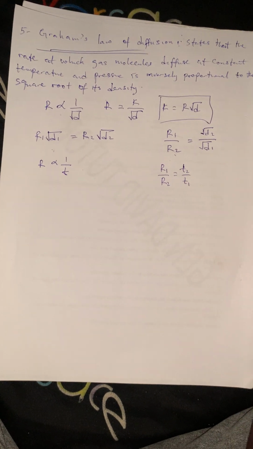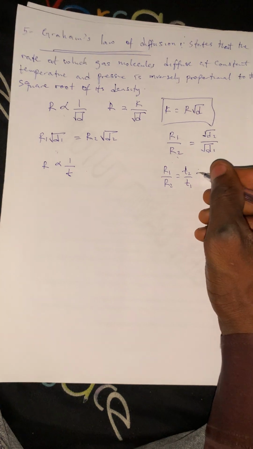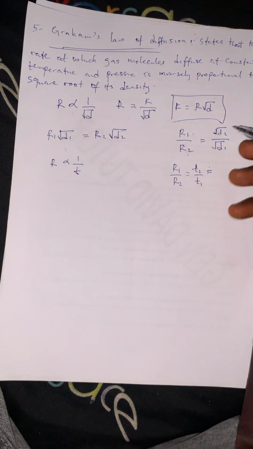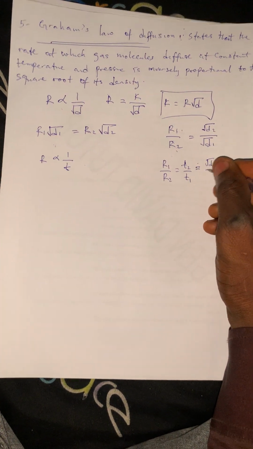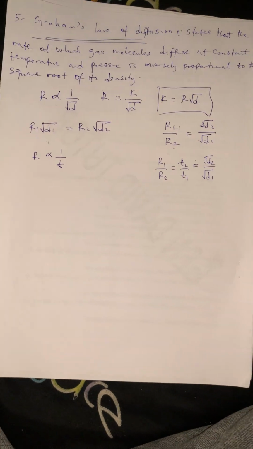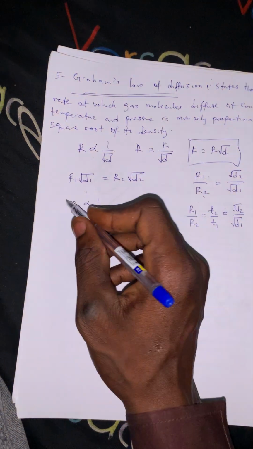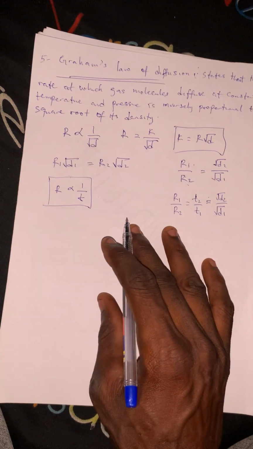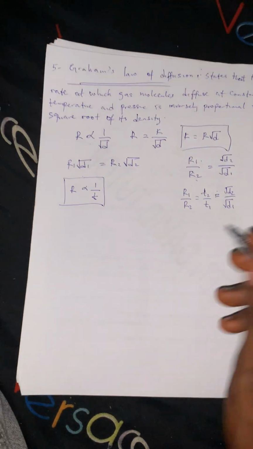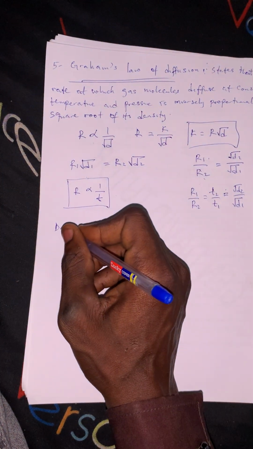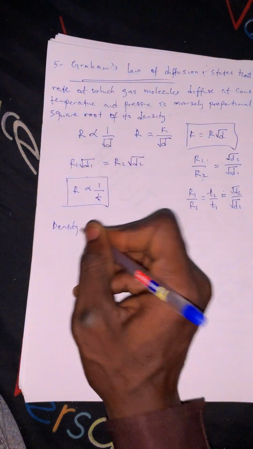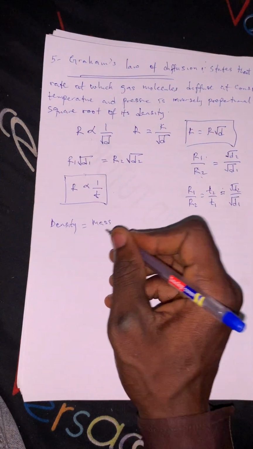That's time. And don't forget that r1 over r2 is equal to square root of d2 over square root of d1. Now take note: rate is inversely proportional to the what? To the time. At the same time, we have density, which is equal to mass over volume.